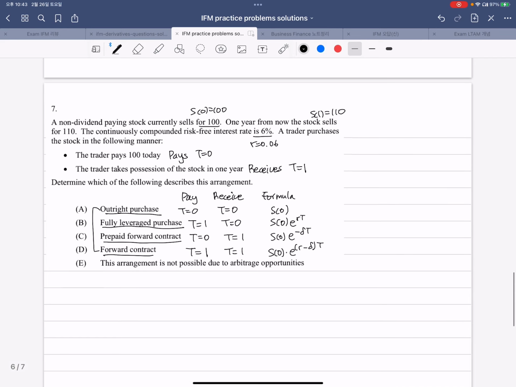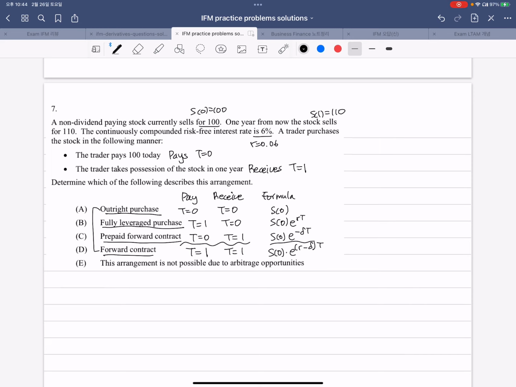And by looking at the method that the trader did, we know that he's doing the prepaid forward contract. He's paying at time 0. He's paying right now and receiving later.